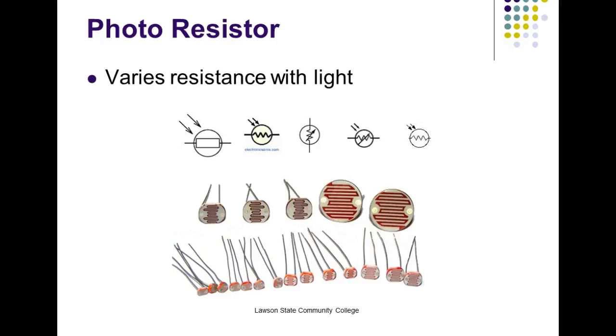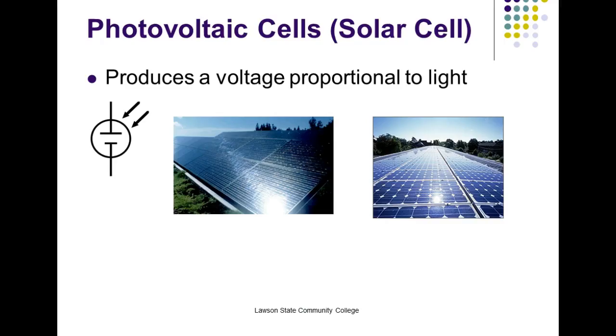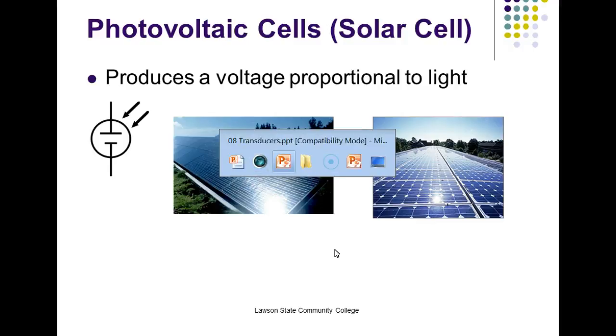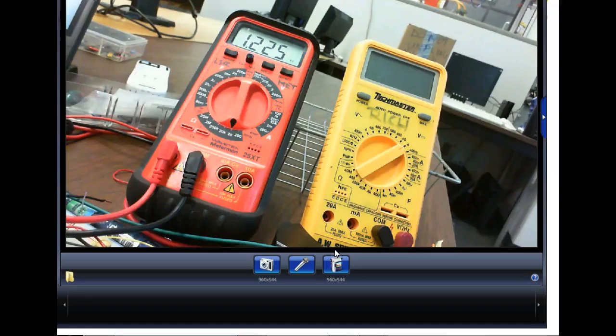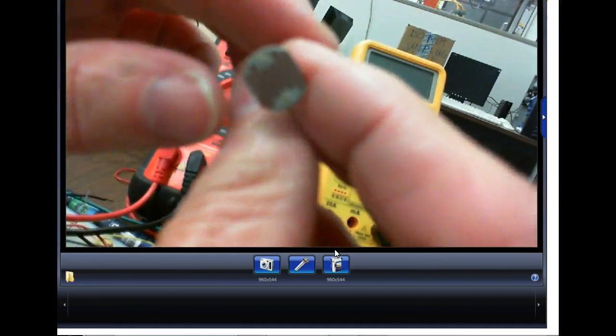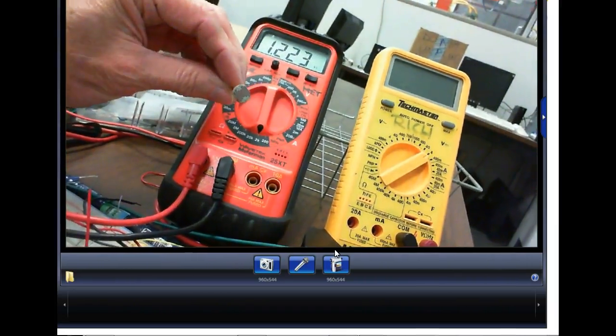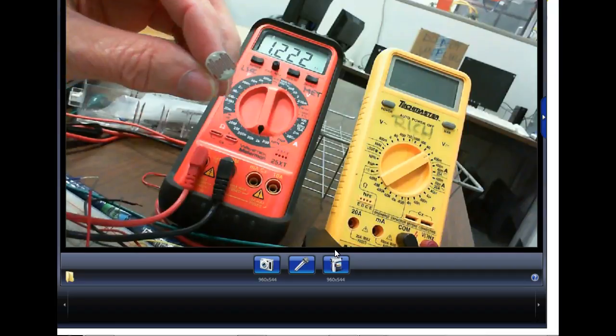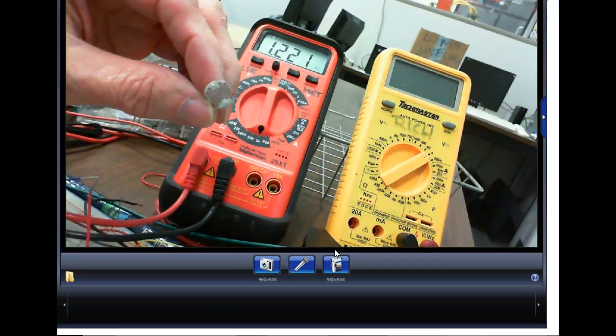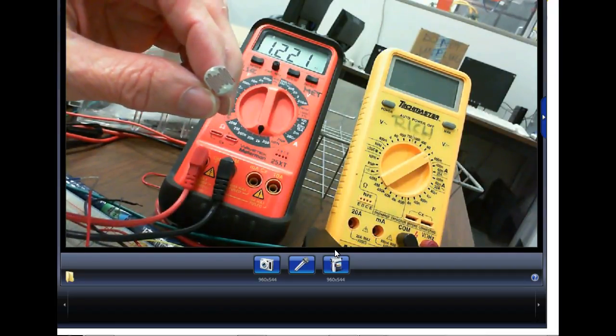So what we do is we have a clear quartz or some type of clear epoxy on top of them, and then we expose the semiconductor directly to the light. If I can get my camera to focus. Now with these guys, their resistance goes down when the light goes up.